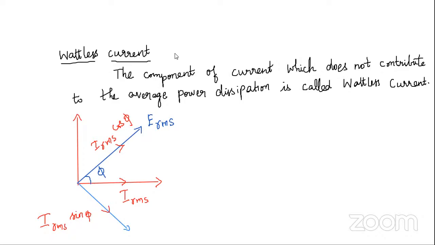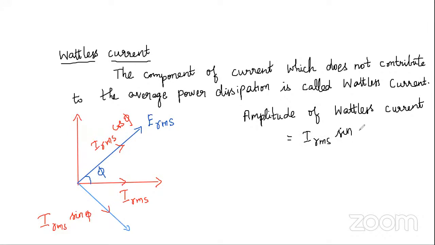Here, the amplitude of the wattless current is given by IRMS sin phi. This component is perpendicular to ERMS. How can you find the instantaneous value of this wattless current?